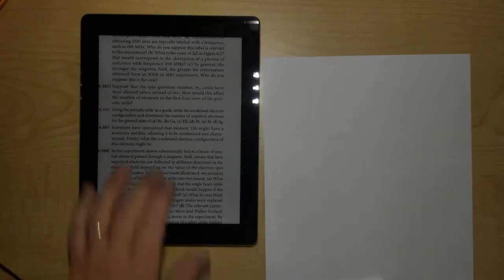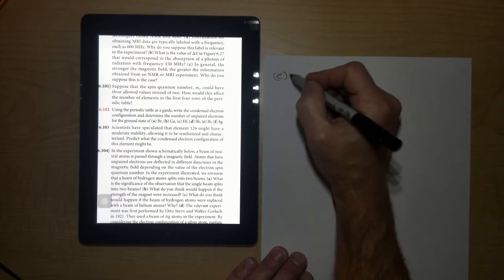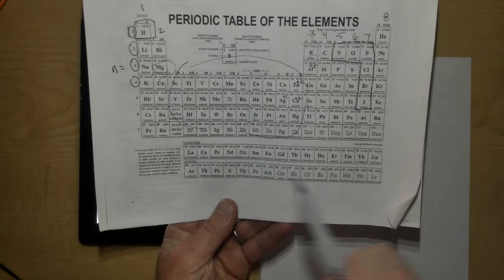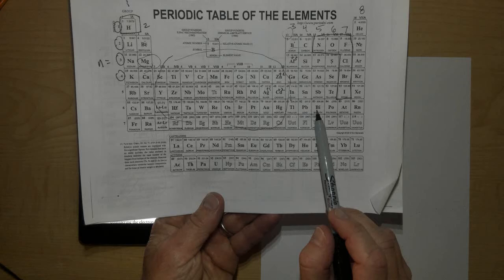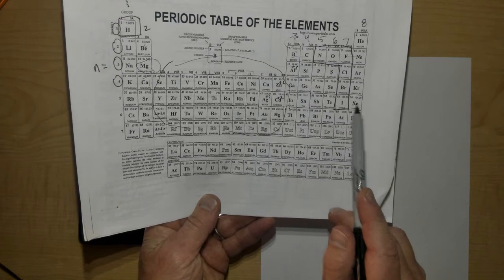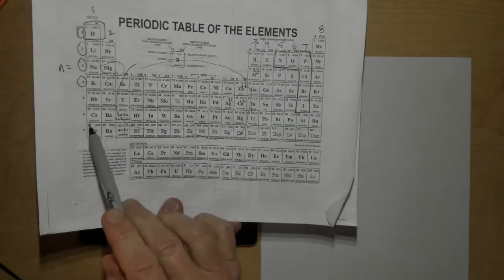Lastly, we have 102 letter E. Ooh, 2 more to go. Bismuth. So in bismuth, we are way down here. So the preceding noble gas then would be xenon right here. So you'd write xenon again. And then we'd have 6s2.